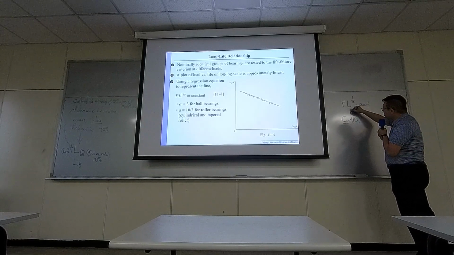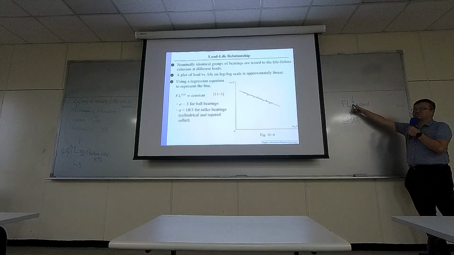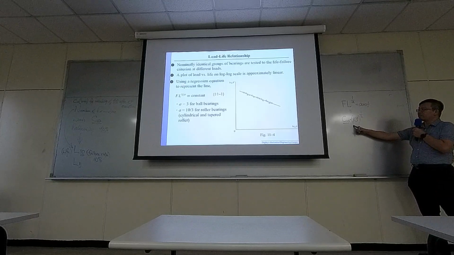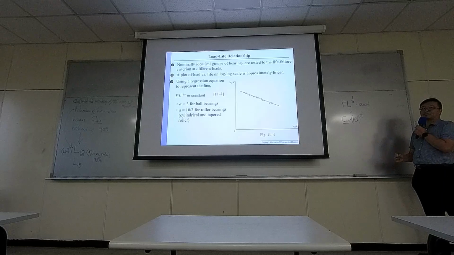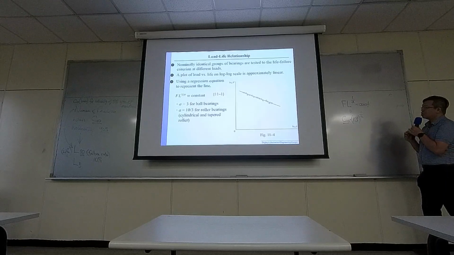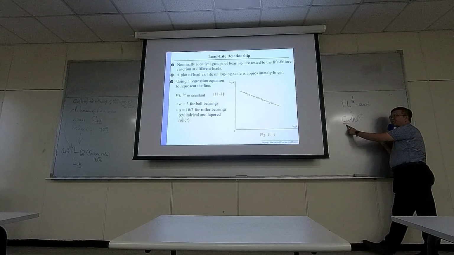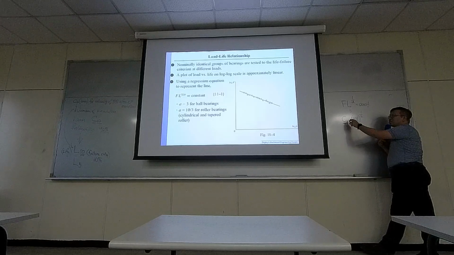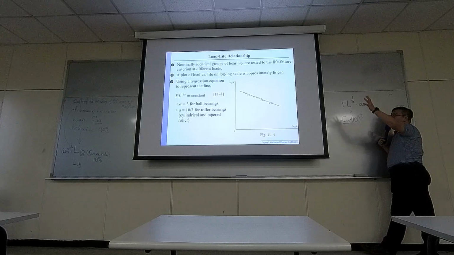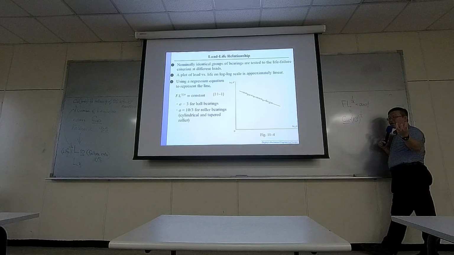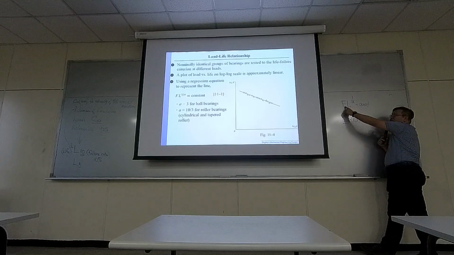So this value must equal this one. You can get C10 from the catalog, and the catalog evaluates C10 based on 10 to the power of 6 revolutions.